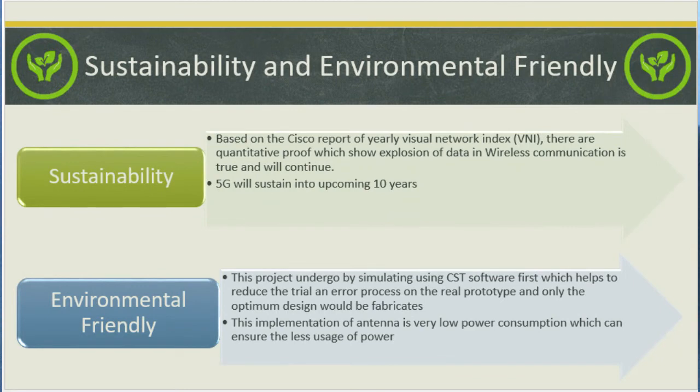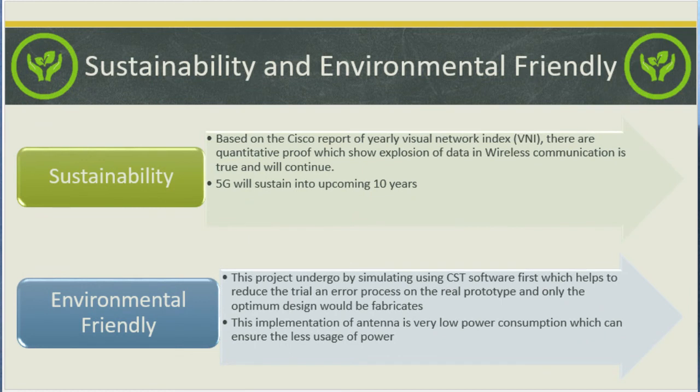Next, this project is undertaken by simulating using CST software first, which helps to reduce the trial and error process on the real prototype, and only the optimum design will be taken and fabricated. Last but not least, this implementation of antenna has very low power consumption, which ensures less usage of power. This way can help us to preserve the environment.